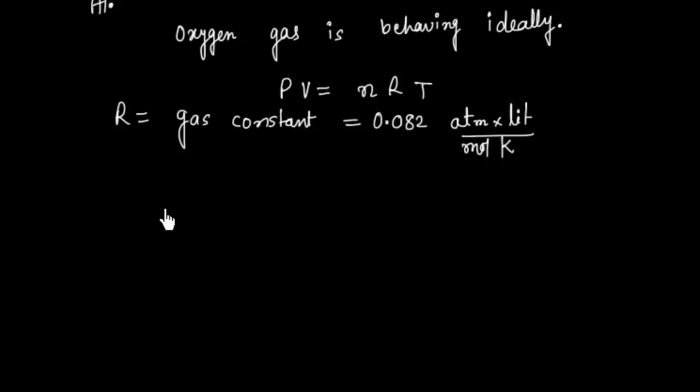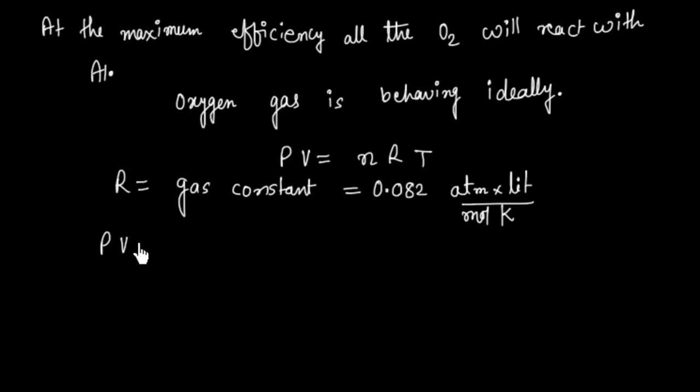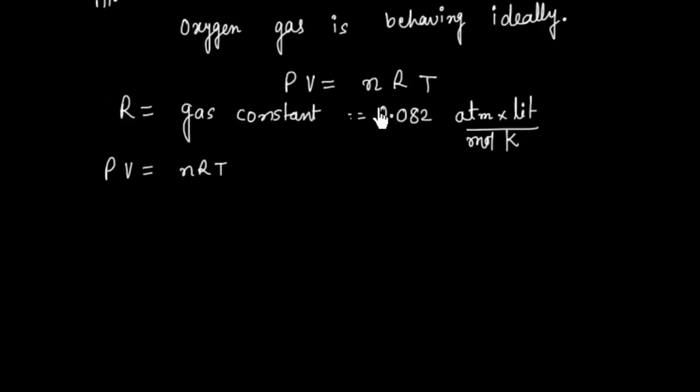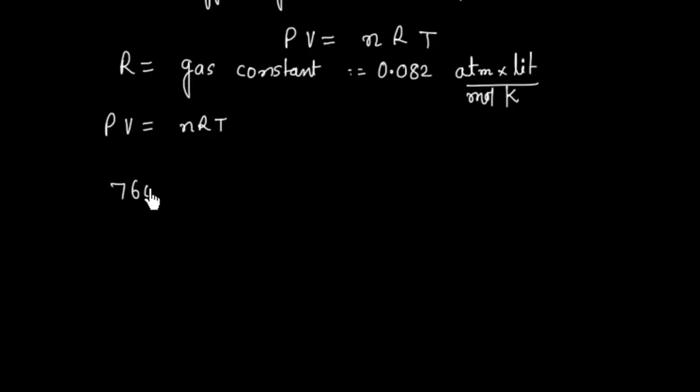Let us apply the PV equals nRT equation for oxygen. What is the pressure we have? Pressure we have is 780 divided by 760 atmospheric pressure. The volume is 30 ml, that is 30 into 10 to the power minus 3, or let us say 30 divided by 1000 liter.